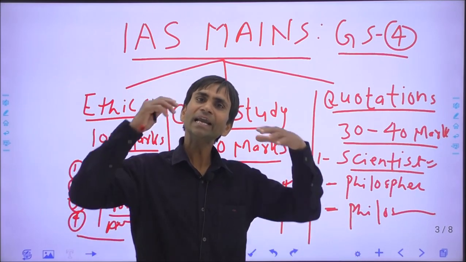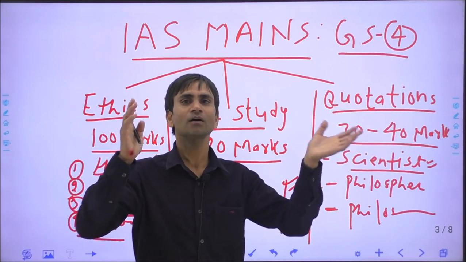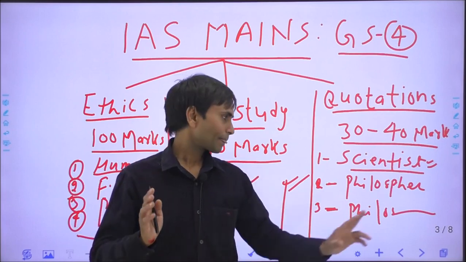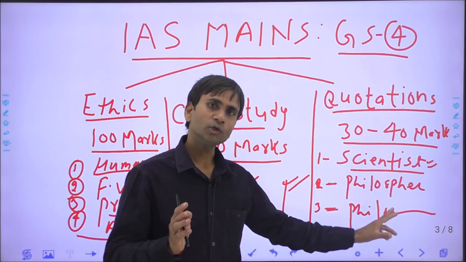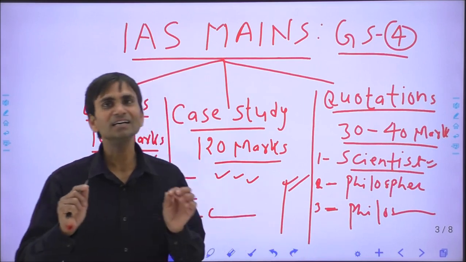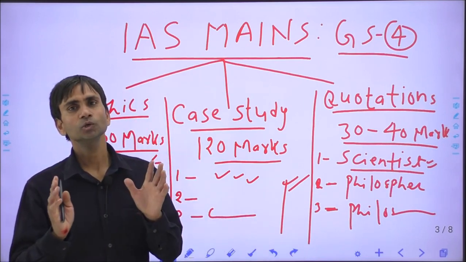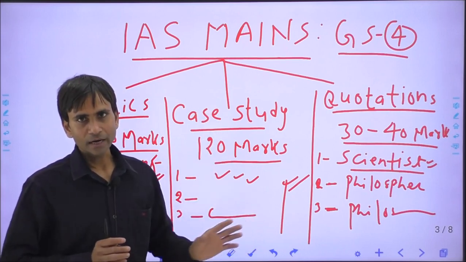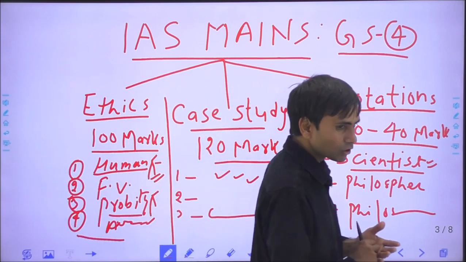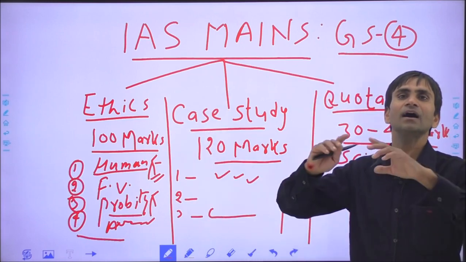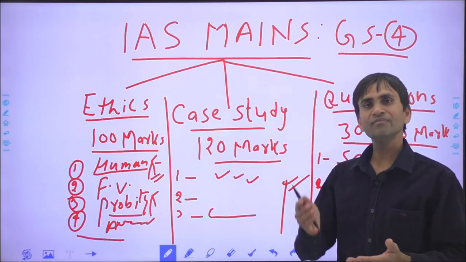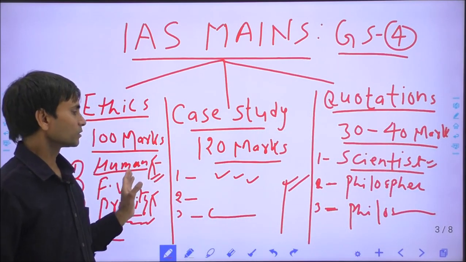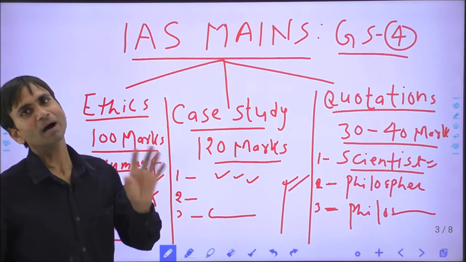Any quotation, any statement from any philosopher or politician can be asked, but when you try to write an answer, first you should link the statement with ethical values and try to understand or elaborate the statement in different areas. If you do not link the statement with any ethical issues, the examiner will not give you good marks.